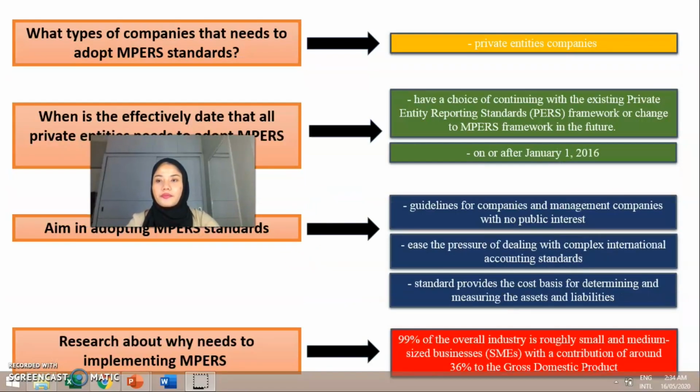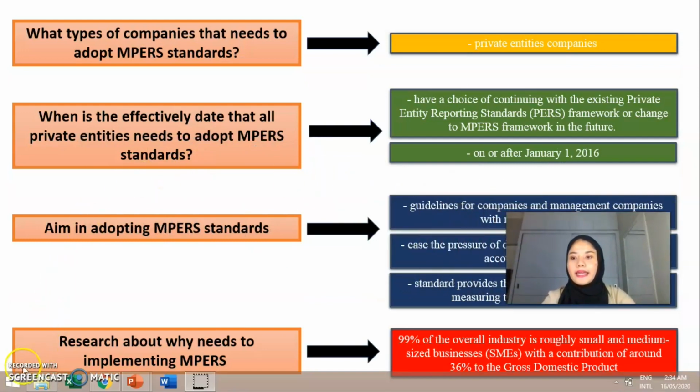Next is what types of companies need to adopt the MPERS standard. Previously, I said that it's for private entities. When is the effective date that all private entities need to adopt the MPERS standard?